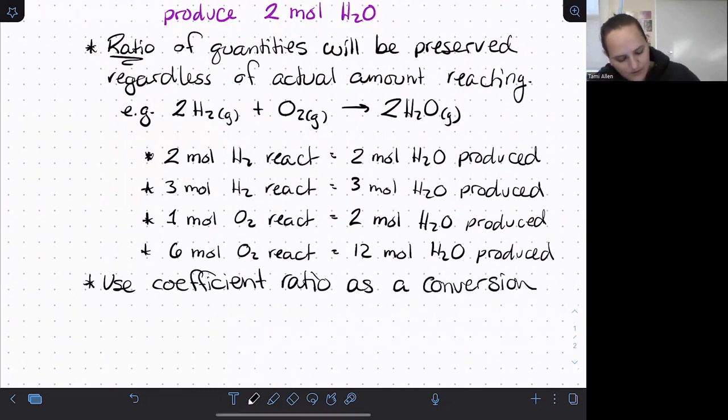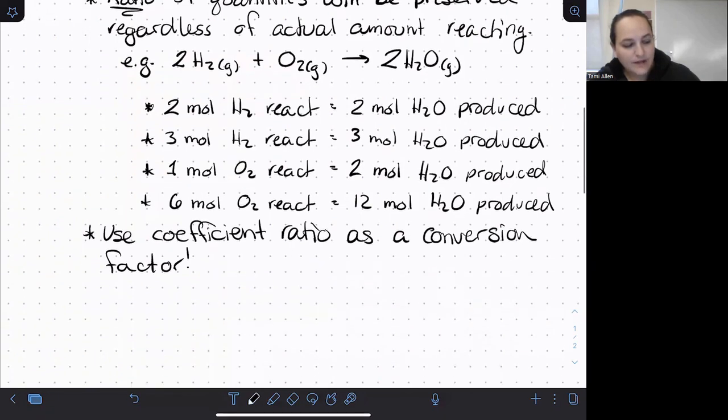So this is just like any other unit conversion, and I cannot stress that enough, that we are canceling out units of moles of one thing and we are converting into moles of a different thing. It feels a little weird because it's still moles to moles, but it's moles of different substances, so it is still a unit conversion.